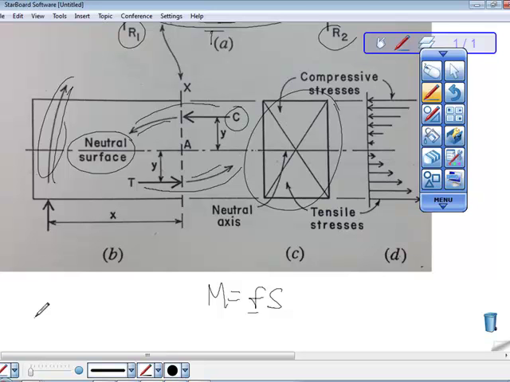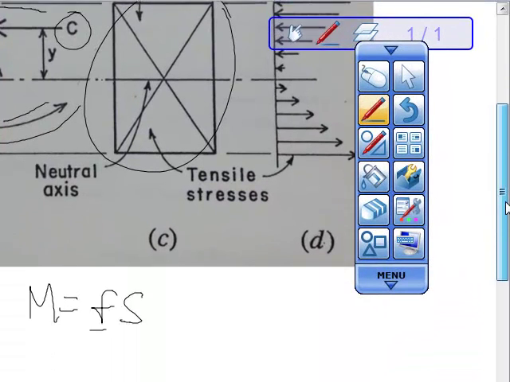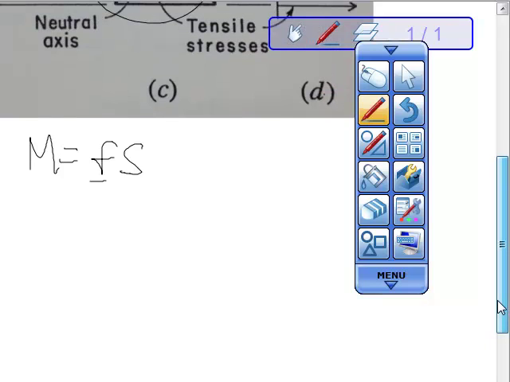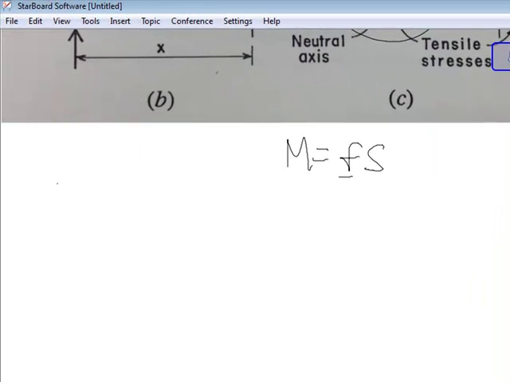So let me go down a little bit. There. So for any particular cross section, you have, remember what I is? The capital I. Remember what that stands for?